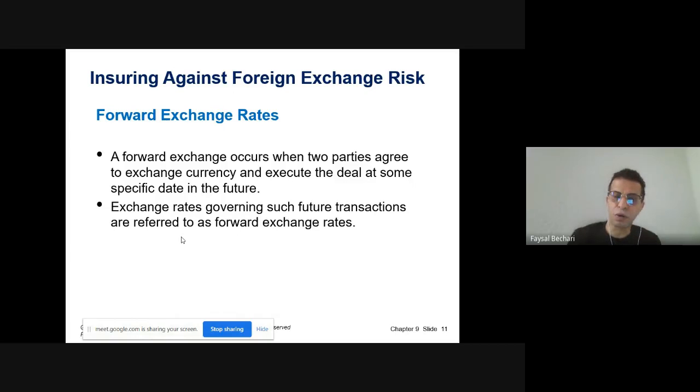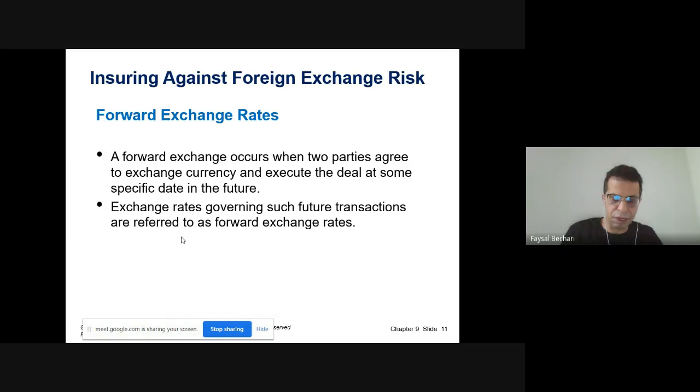Now, a forward exchange rate occurs when two parties agree to exchange currency and execute the deal at some specific future date. Say, in 6 months I'm planning to need $10,000 American, and I go to the market and say, in 6 months I want $10,000. So these people will say, if you want $10,000, we can change it at this price.